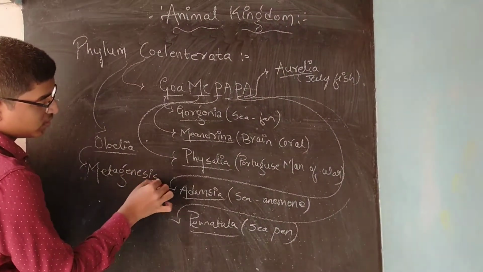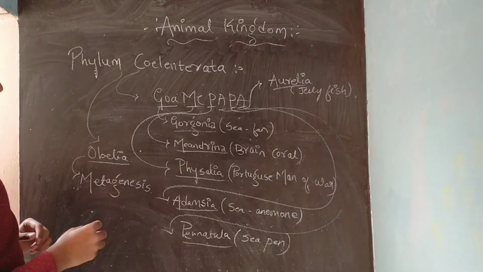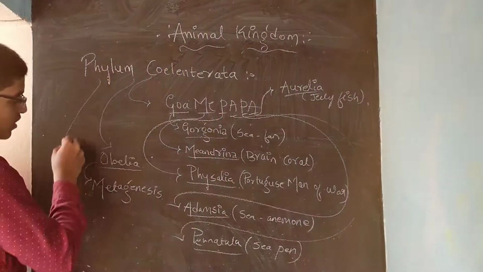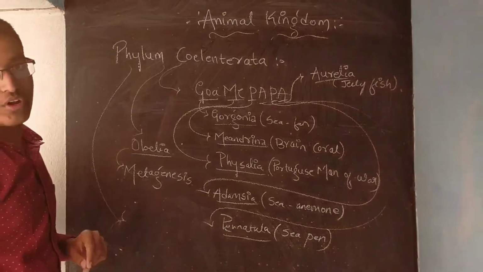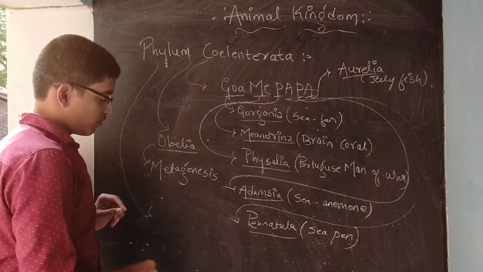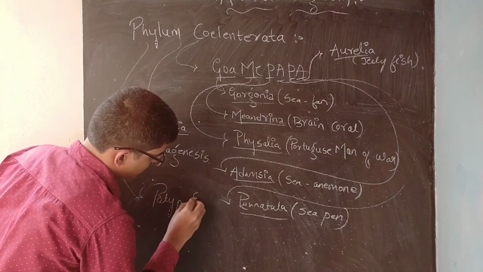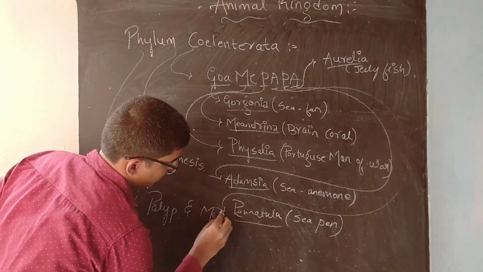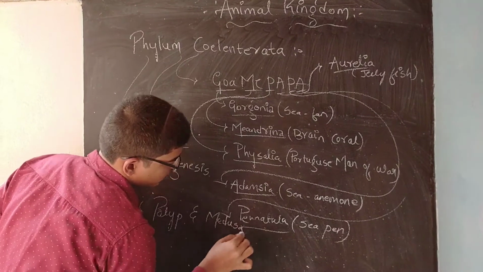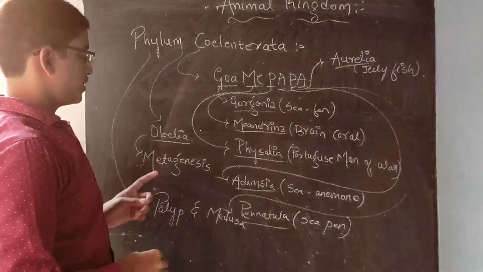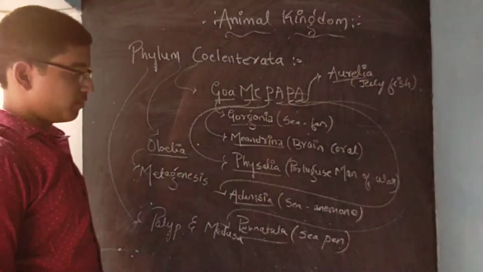What is metagenesis? Before metagenesis, you should learn that the phylum Coelenterata members have two basic body forms. Those two basic body forms are polyp and medusae or medusa.